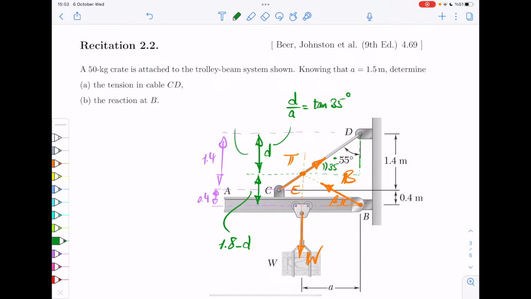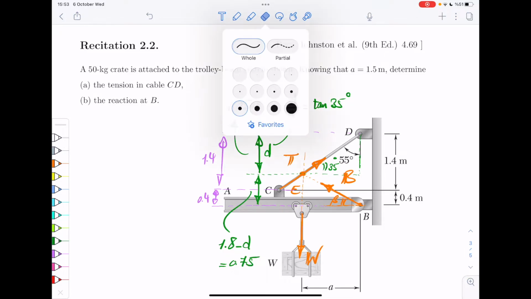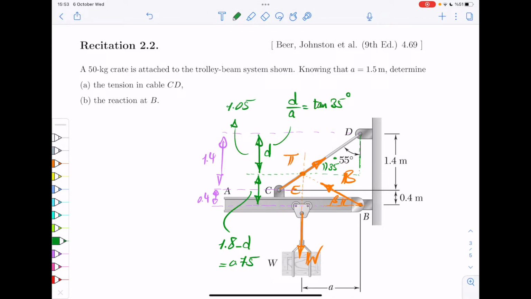So from that, you can calculate d. d is going to be 1.0503. Now, if you have that, then 1.8 minus d would be 0.75. Let's simplify the digits a little. Does that make sense? Okay, so now that we have these dimensions, you can immediately calculate the angle beta, right?